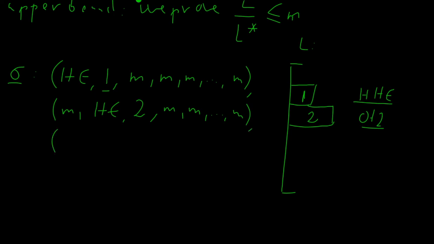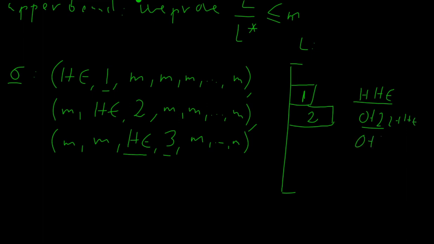Now comes the third job, which is just 1 plus epsilon. I'm pretty sure you will be able to detect the pattern. So there are only 2 coordinates with a non-m value. One of the coordinates will have the 1 plus epsilon and the other is just the index of the job. In this case, this is 2 plus 1 plus epsilon, which is 3 plus epsilon.